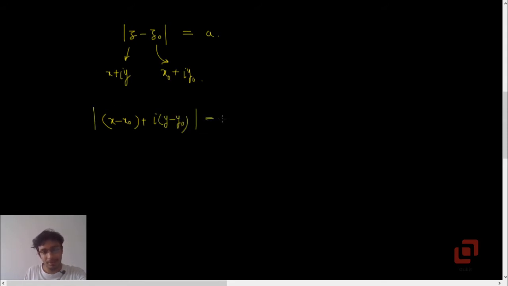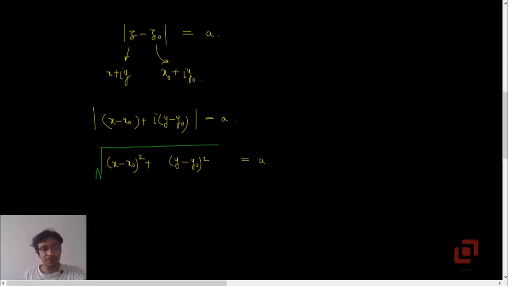Now if the modulus of this complex number is a, it means the square root of the square of its real part plus the square of its imaginary part will be equal to a.